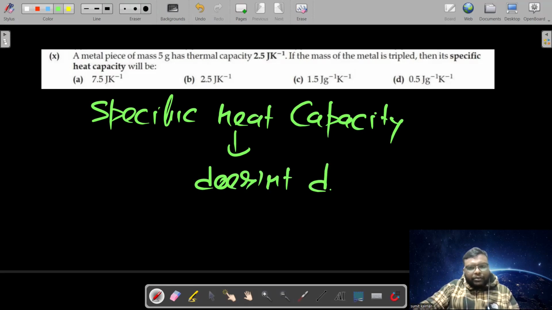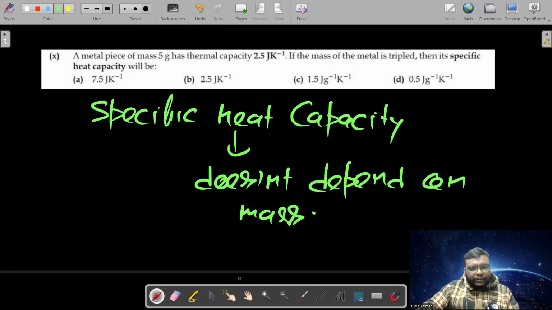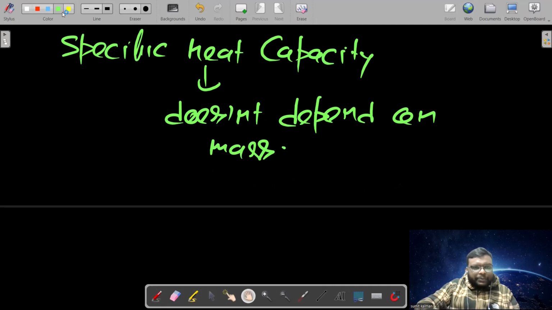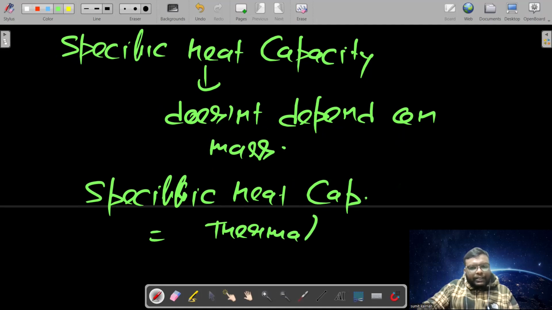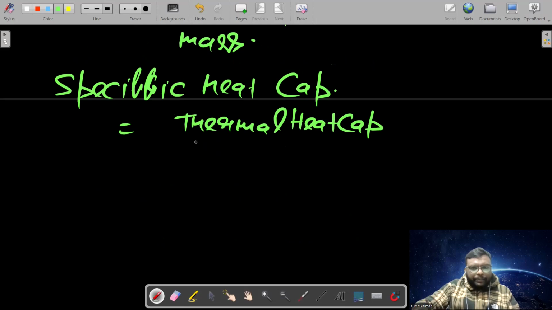Specific heat capacity is given by thermal heat capacity upon mass m.